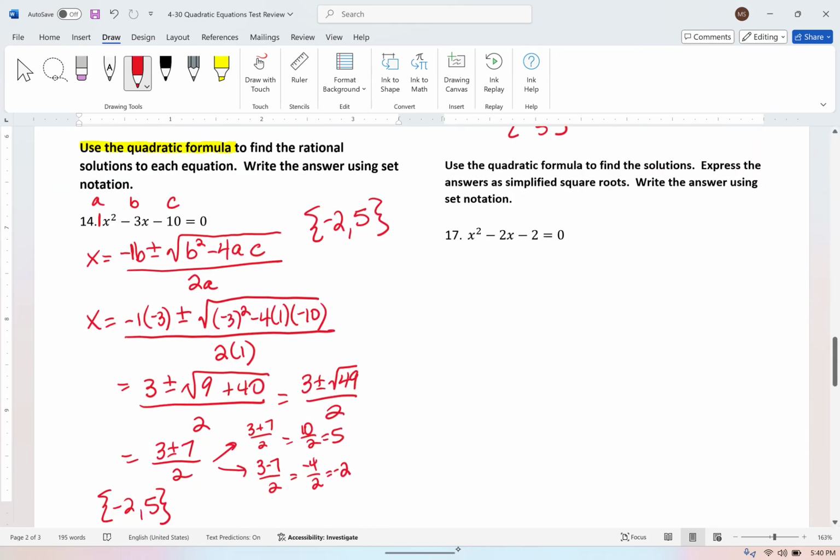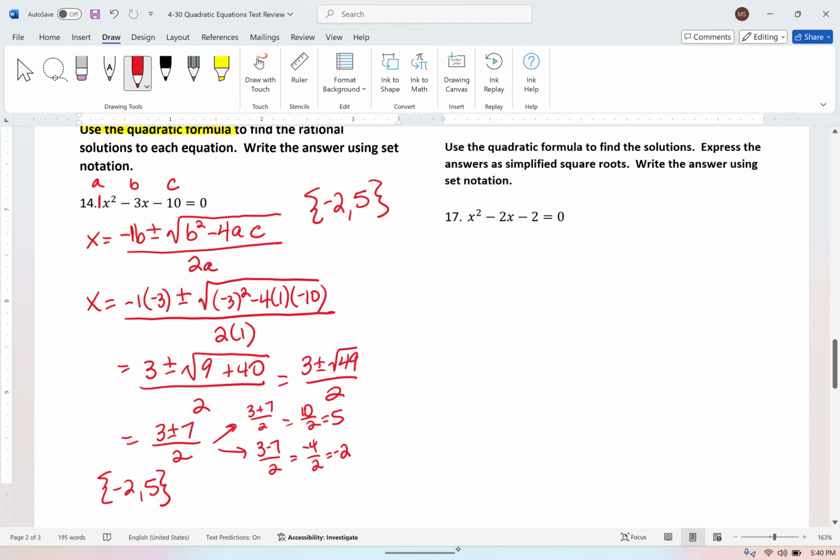All right, let's continue on. This one, we have answers that are going to be irrational. There's going to be radicals in this. Okay, negative b, so negative 1 times negative 2, plus or minus square root of b squared minus 4 times, remember, a is 1, c is negative 2, all divided by 2 times 1.